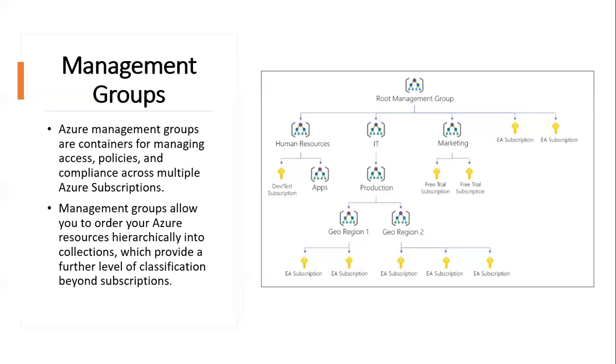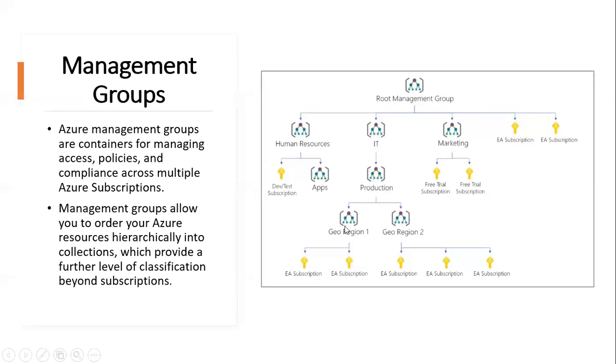So Azure management groups are containers for managing access, policies and compliance across multiple Azure subscriptions. Management groups allow you to order your Azure resources hierarchically into collections, which provide a further level of classification beyond subscriptions. So is this a further level of classification or not? This root management group is divided into these 1, 2, 3, 4 verticals, right? Still this IT vertical is going to what?